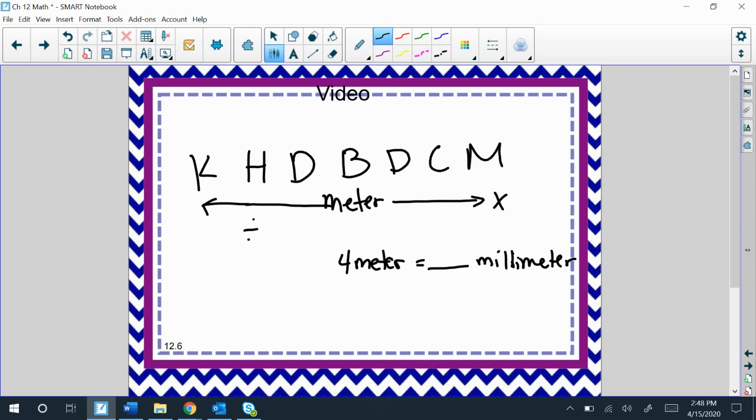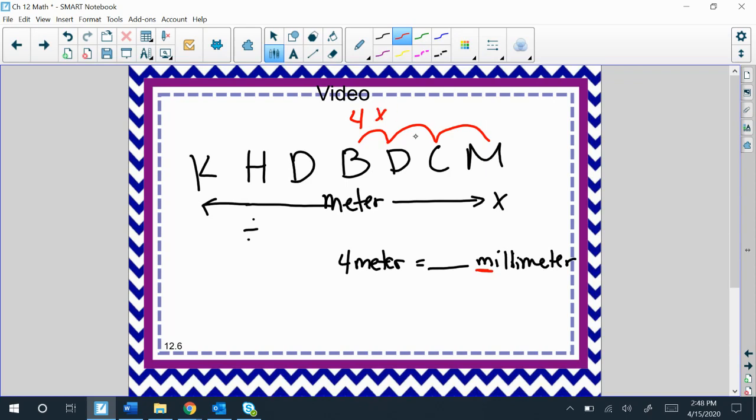In order to do that, I'm going to put my 4 above where the meter is, because there's no extra thing in front, either centi, deca, kilo, any of that, it's just the base. Then I am going to jump letters until I get to the milli. How many letters? That tells me how many I'm going to multiply it by. Because it's getting smaller, I multiply.